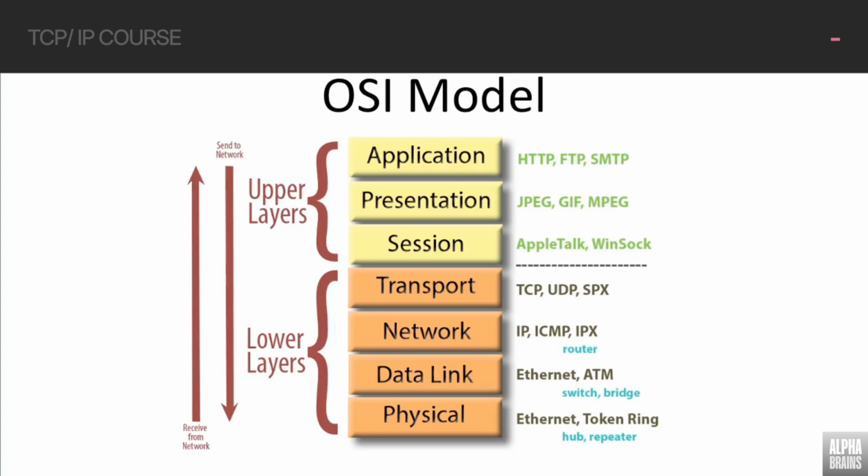It goes through the network, and then when it gets to the other end, we repeat the process in reverse. It comes in on the physical layer, and the data link header gets pulled off by the data link layer on the receiving end. The network header gets pulled off by the network layer on the receiving end. The transport header gets pulled off by the transport layer on the receiving end.